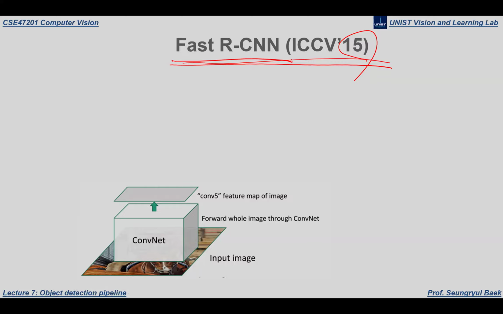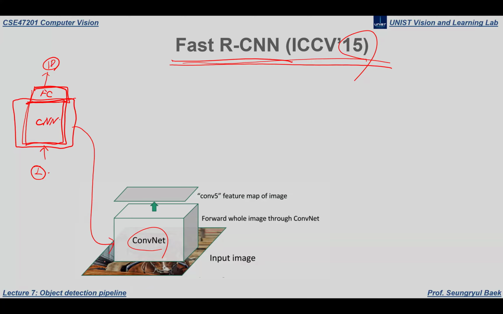And in Fast RCNN, the idea is that they want to apply the CNN operation just once. As I told you, CNNs are normally composed of two parts, the CNN layers and the fully connected part. This is the input image. Normally we apply the CNN first and the fully connected layers later to get the one-dimensional vector, which means the probability vector. Here they use only the first layers of the CNN, applied to the entire image.